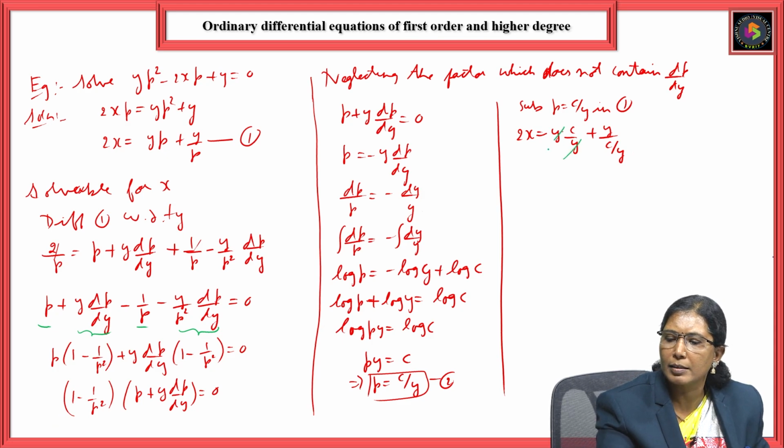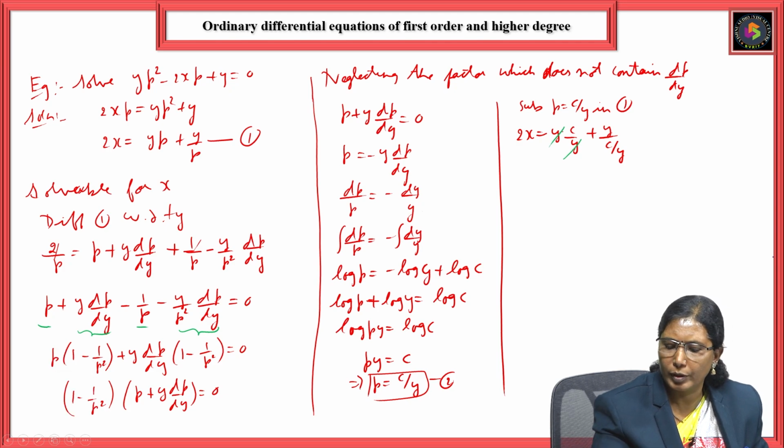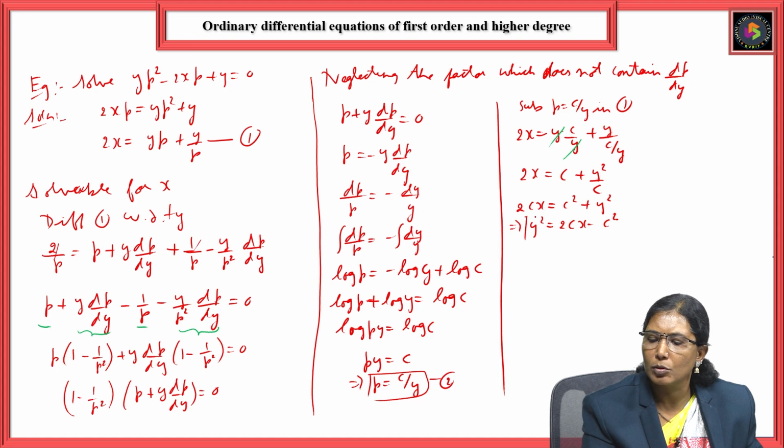So y gets cancelled here. 2x = c + y²/c. If you take LCM, 2cx = c² + y². So this implies y² = 2cx - c². So this is the general solution of 1.